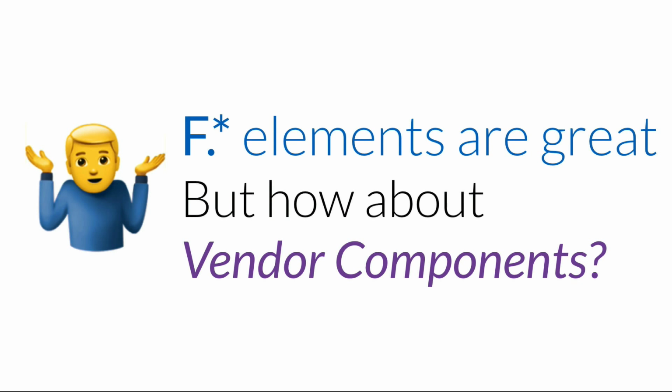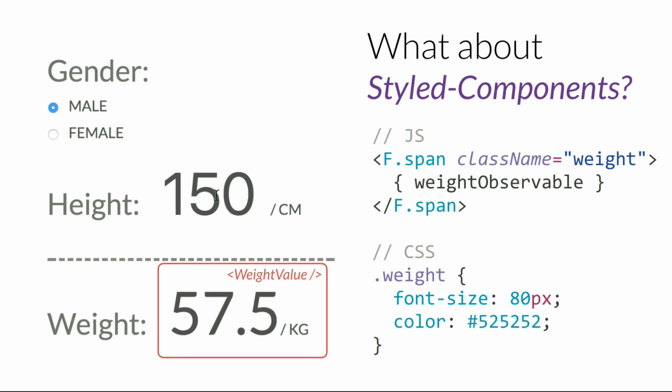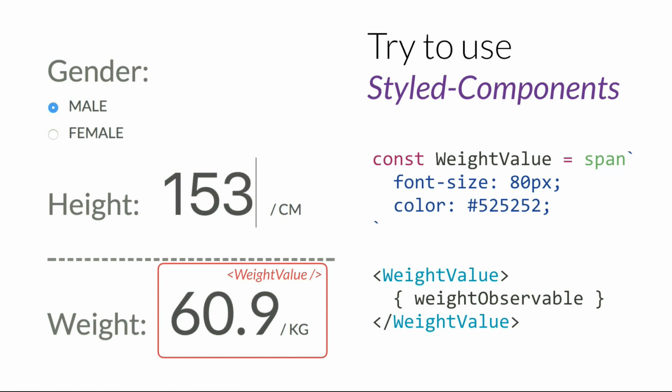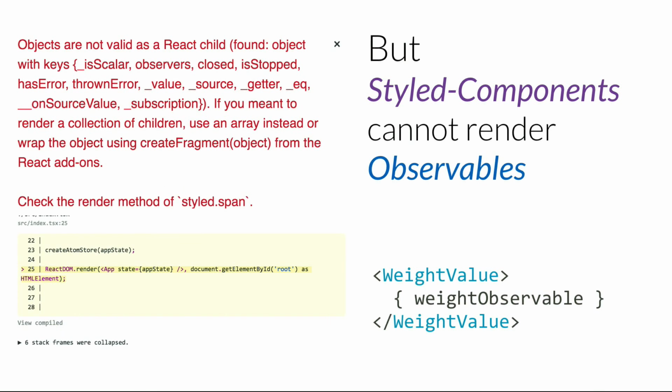Okay, we have F elements, which is great, but how about vendor components? For example, today we have had a lot of talks about CSS components, styled components, and what if I want to use a weight value component with some F span and weight observables and with some class name? For example, I want to use a styled component, weight value, but styled components can't render observables because styled components are simple React elements.